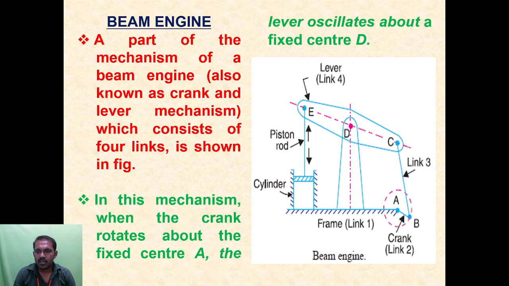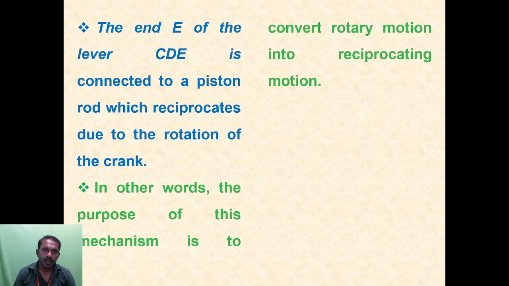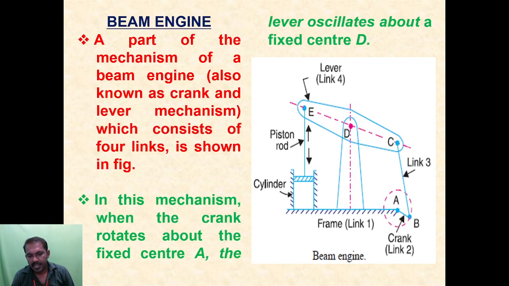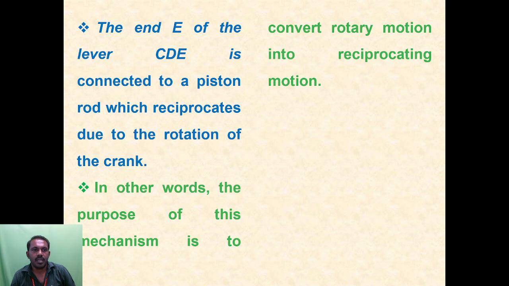And there are joints A, B, C, D, E: 5 binary joints. Here A is a fixed center, and the lever oscillates about the fixed center D. The end E of the lever CDE is connected to a piston rod, which reciprocates due to the rotation of the crank.